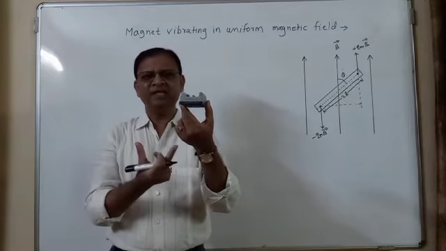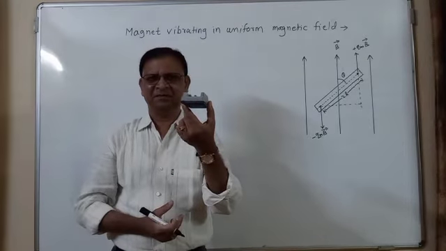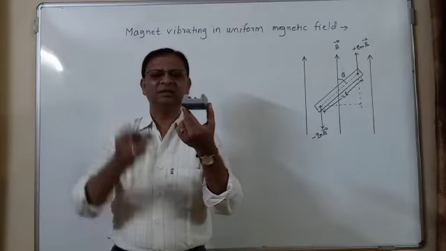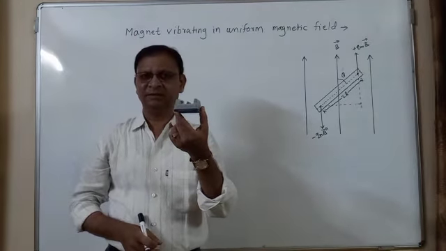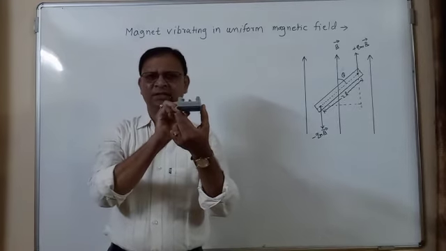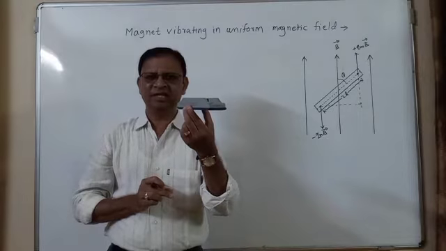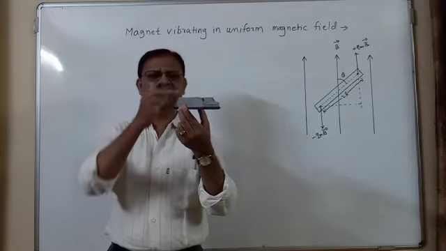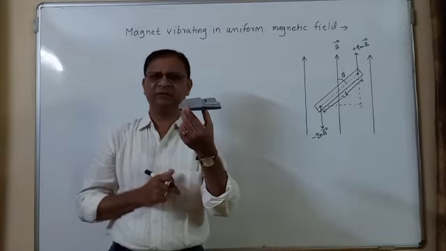If the bar magnet is either pivoted by means of a spring or suspended by means of a thread, and we deflect it from its equilibrium position and release it, what happens? The bar magnet tries to remain in the direction of the magnetic field.